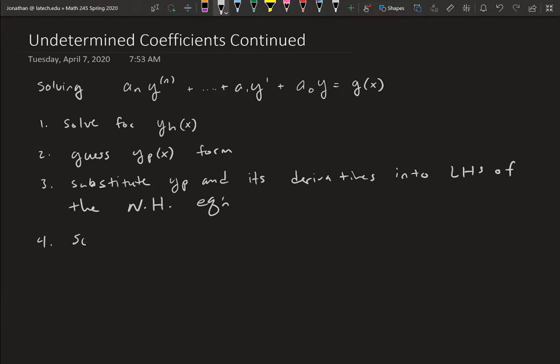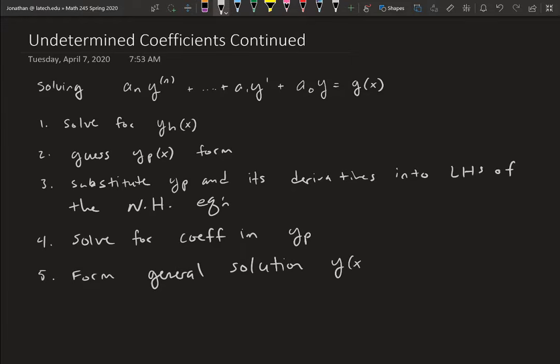Next is to solve for the coefficients in y_p, and then form the general solution: y of x equals y sub c, or y sub h, plus y sub p. So those were our steps that we introduced last time for non-homogeneous equations.